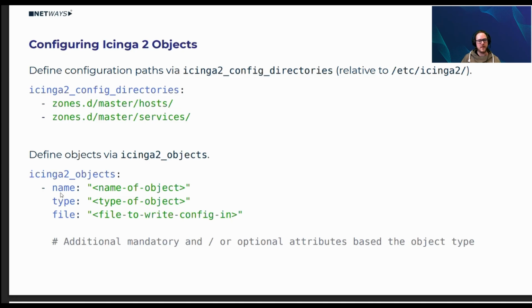So you basically just pass the type, service, host, API user, other object types, pass the file and also the attributes that are necessary or optional for the given object type. So for a host, you would, for example, add the check command as an attribute.